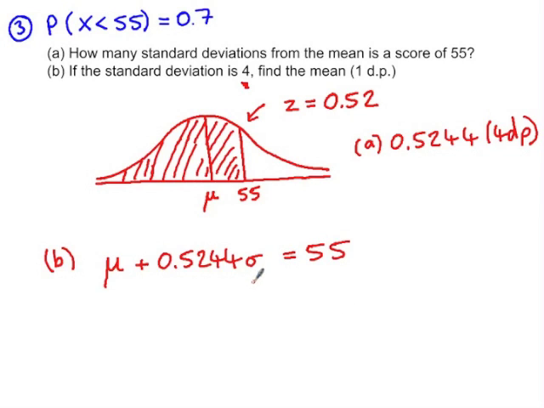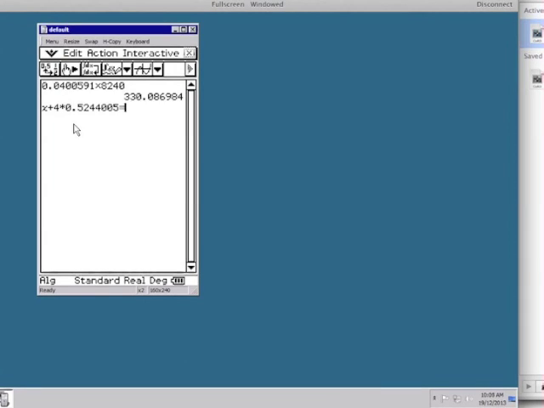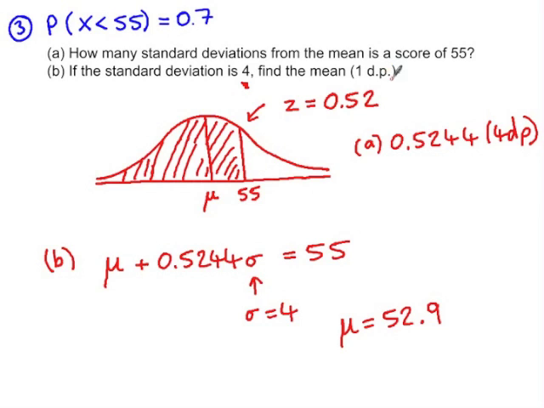And if we substitute a value of 4 for that standard deviation, we can now solve this equation. Which gives us a value for the mean of 52.9 to 1 decimal place.